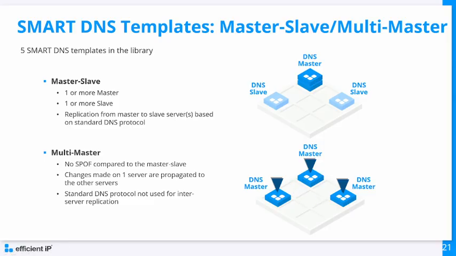It's a proprietary Solid Server mechanism, so all these servers must be Solid Servers. Are you clear with that? Can follow? Okay, so you can have a multi-master architecture. You might use master-slave for your public DNS. You might use multi-master for your internal recursive DNS server.